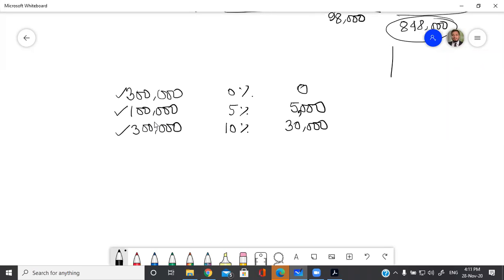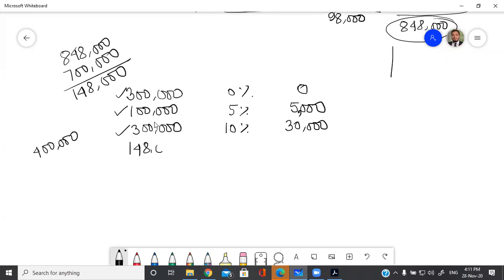Okay. What is the next slab? 400,000. So should we write 400,000 full or the remaining? Remaining. Let's check. 700,000 is already covered. So 848,000 minus 700,000, what is the remaining? 148,000. So we need to write 148,000. This 148,000 is within which slab?